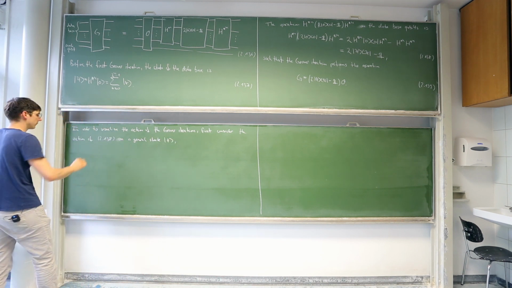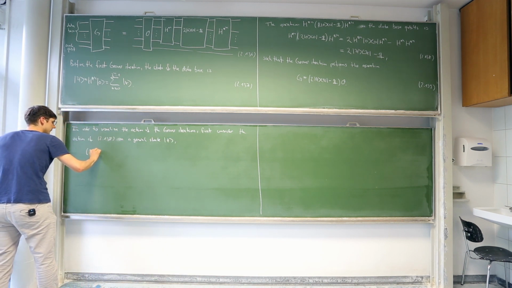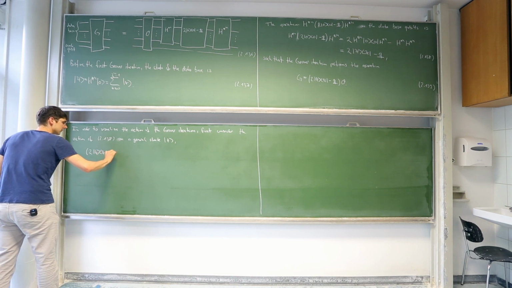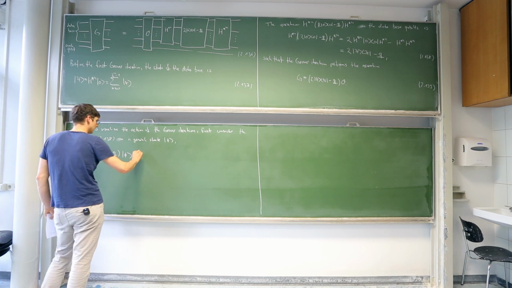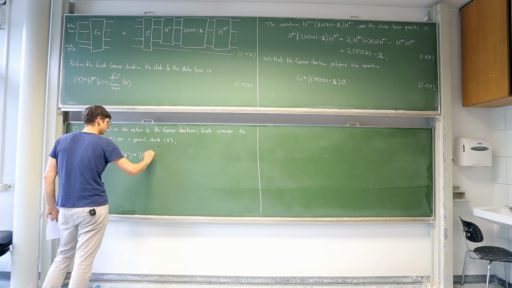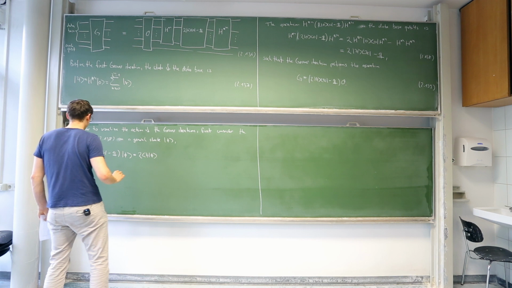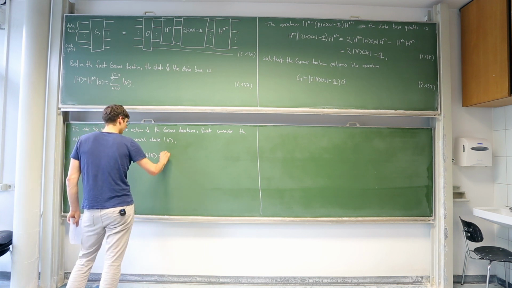So we act now with 2 times ψ minus identity on φ. Okay, what we get is 2 times the inner product of φ and ψ minus φ.